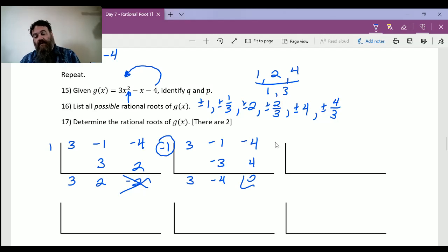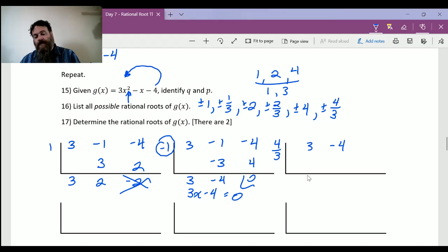The last one, I'm just going to go ahead and jump into it. It's going to be 4/3. How do I know that? Because this is 3x minus 4, and if you set it equal to 0, add 4 to both sides, divide both sides by 3, you end up with 4/3.